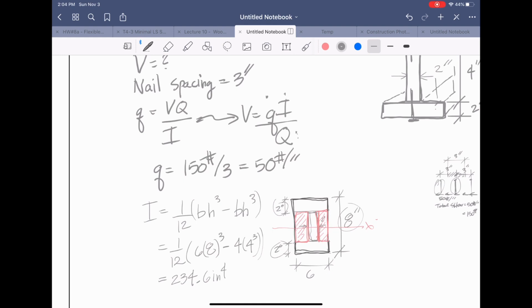Now we're solving for Q. So Q is the first moment, or the moment area, right? So it's what we did for centroid back in the day, if you can remember back to statics. But the process is really simple.